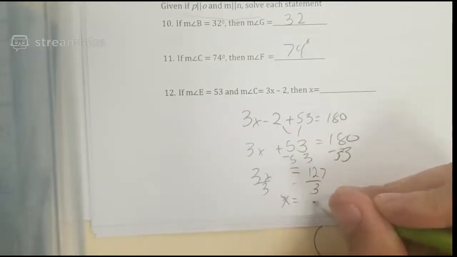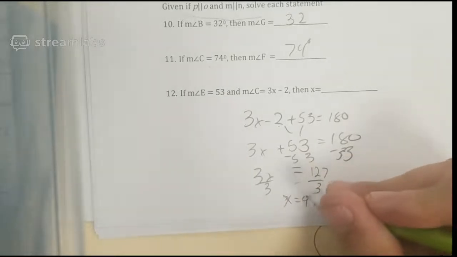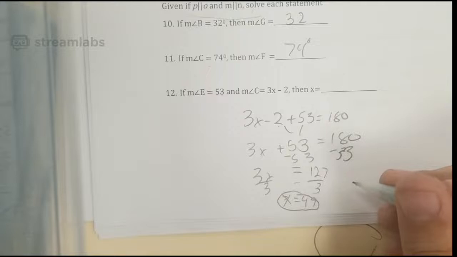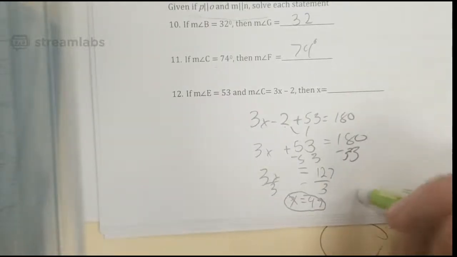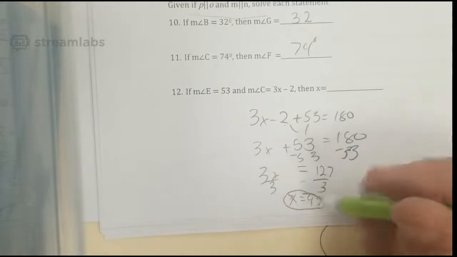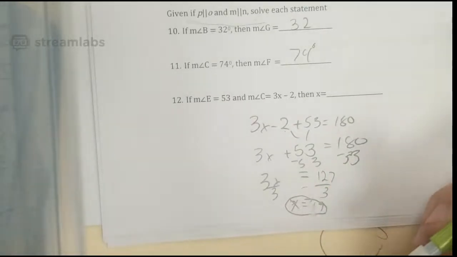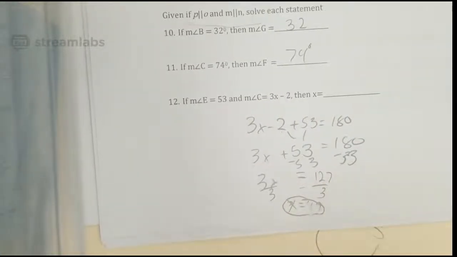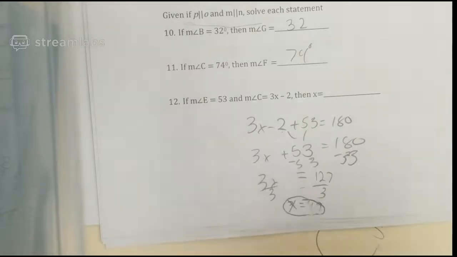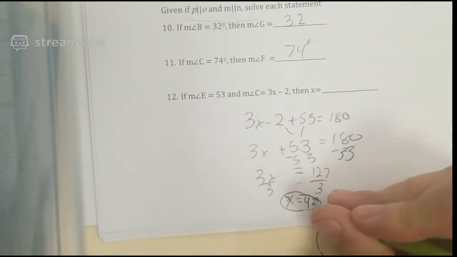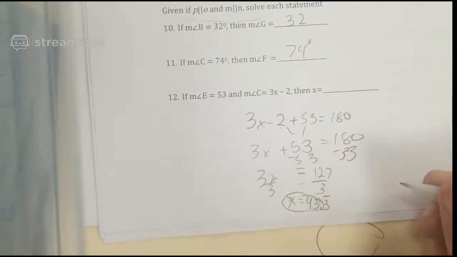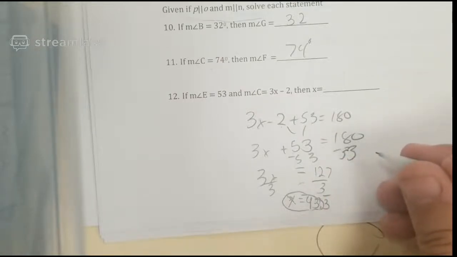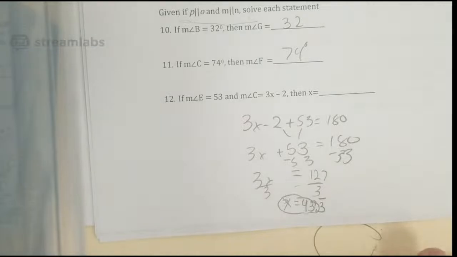X equals 43. Not 43. 129 divided by 3 should be... Unless I'm doing the math wrong, and I don't have a calculator near me.